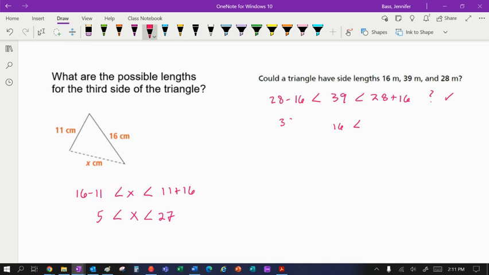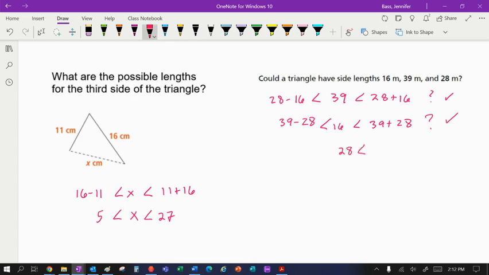Okay, so 39 minus 28, those are the other two sides, and then 39 plus 28. Is this still a true statement? Is 39 minus 28 smaller than 16? Yes. Is 39 plus 28 bigger than 16? Yes. Okay, and then put the last number in the middle. Put 28 in the middle.